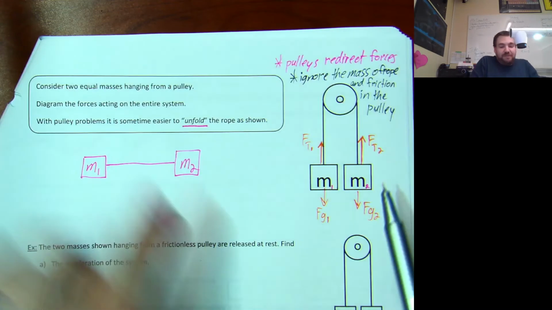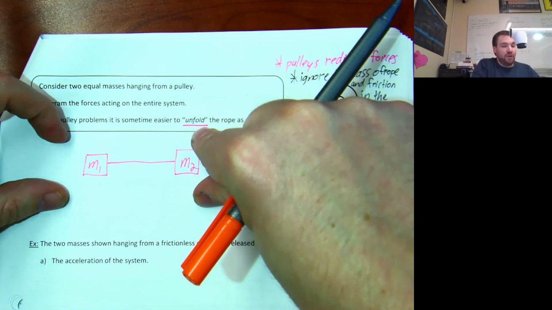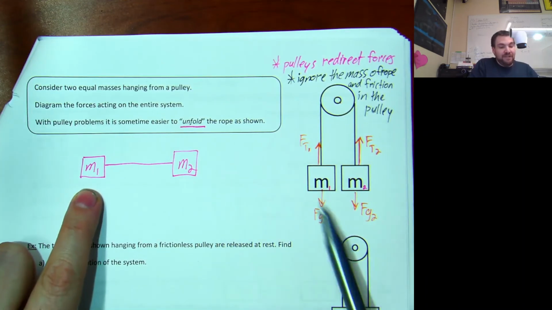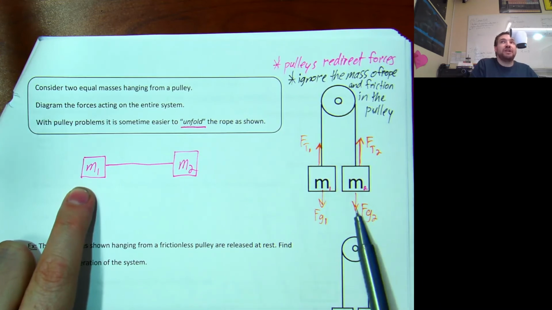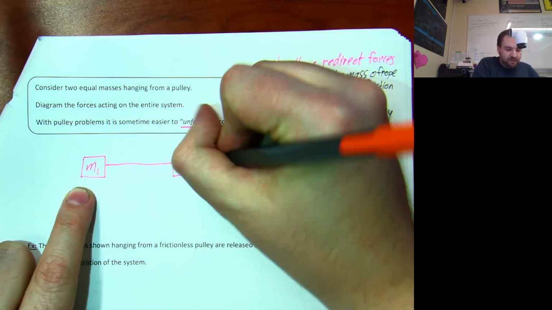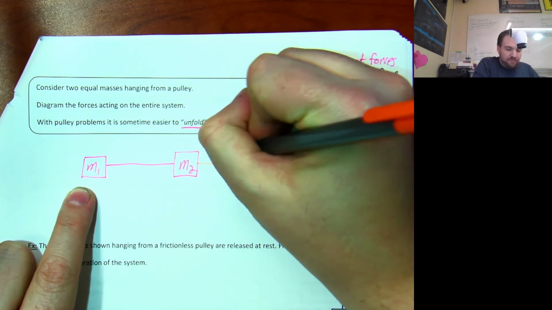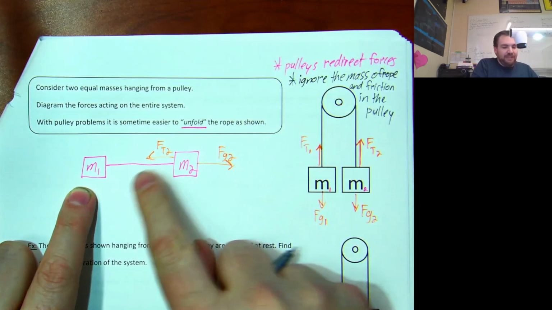The same way I picked this up off a pulley, stretched it out and dropped it down here, I can do the same thing here with the way I've drawn these forces. So mass 2, which way is this force going to be pointing for this object? To the right. Good. And I'm going to have an Ft2 pointing to the left.